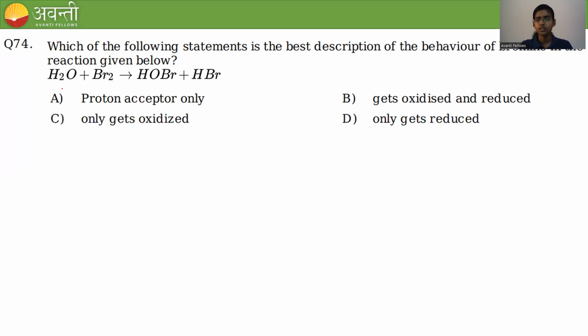And in option D, it says that bromine only gets reduced. So to solve this question, we have to find out the oxidation number of all the bromines present in this reaction. So what is the oxidation number? H2O plus Br2 gives HOBr plus HBr.